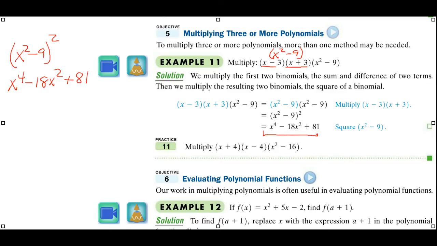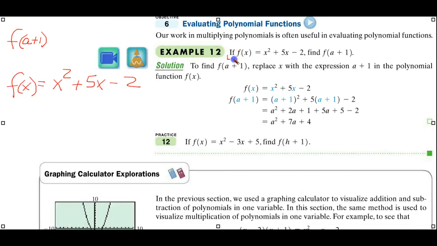Okay, now for our last one. So there's our function. And they're saying our x value is this. So I've put it up there. So what do we do? Well, just carefully substitute. Our x value is this, so we go a plus 1, quantity squared, plus 5 times a plus 1 minus 2.